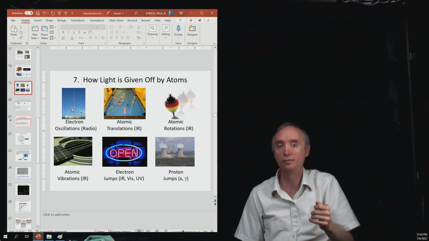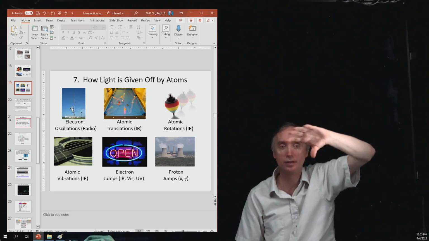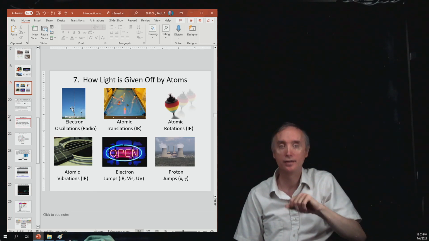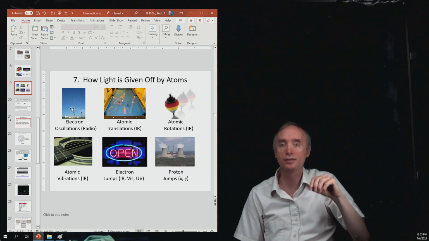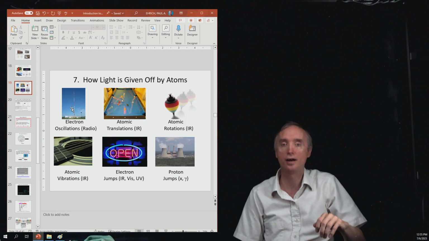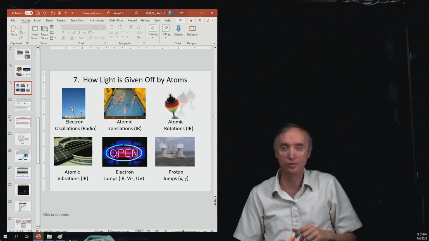That produces infrared light. Another thing that could happen is the atoms could begin to spin from the energy. That also gives off infrared light. Another thing that could happen is the atom could begin to vibrate, and that produces infrared light.